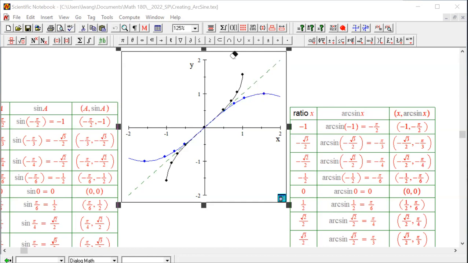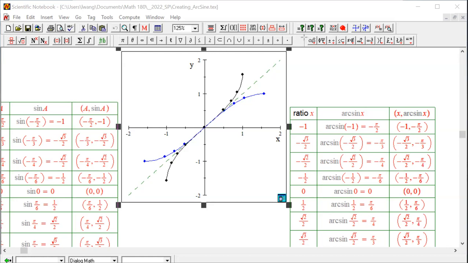And I can do something. Yes, I can. So I just need to erase that piece. So these two are the one-to-one functions that are inverse to each other.